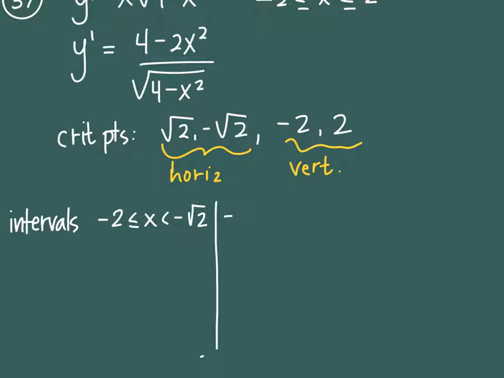Then I'll go from -rad 2 up to the next critical point, which is +rad 2. Then I'm going to go from +rad 2 up to my last critical point, which was the endpoint, regular 2. So those are my intervals. Start at the endpoints, and I have the critical points in between.